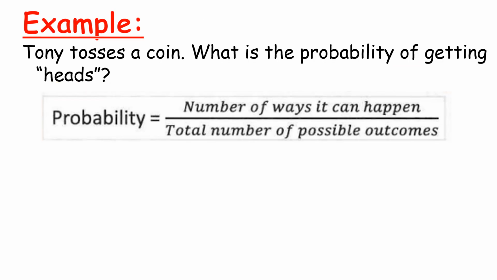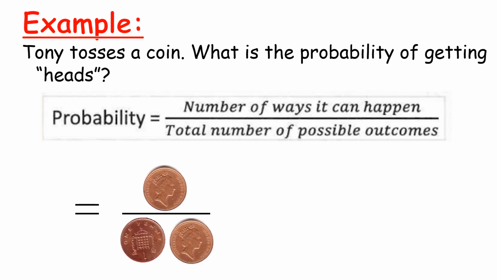So Tony tosses a coin. What is the probability of getting heads? If we toss a coin, I'm going to use an English coin here because it helps us understand the heads and tails just that little bit better than the euro coin. We have a heads that we could get, over the total number of possible outcomes. When you toss a coin, you can get heads or you can get tails.